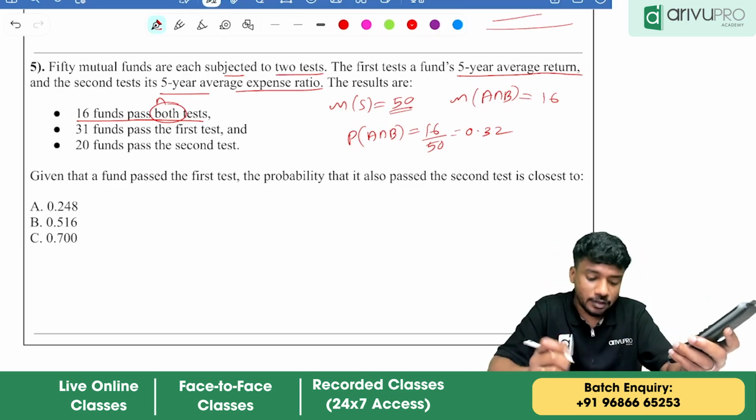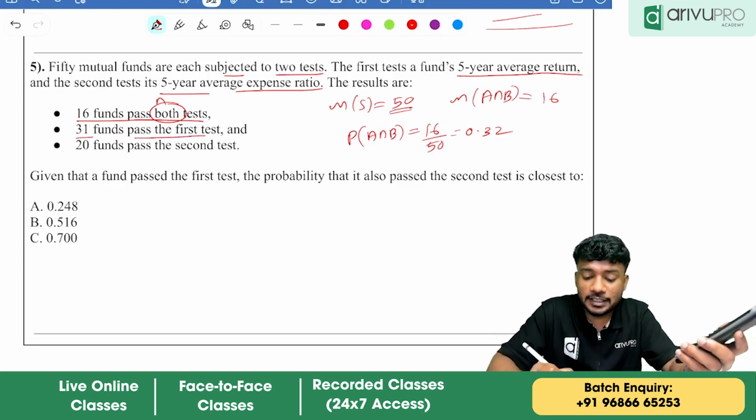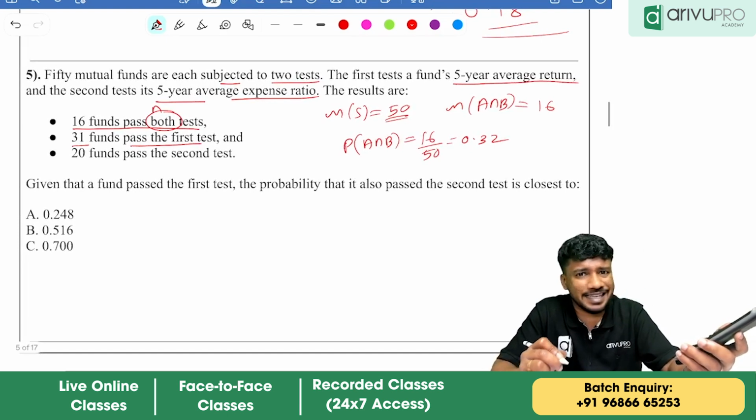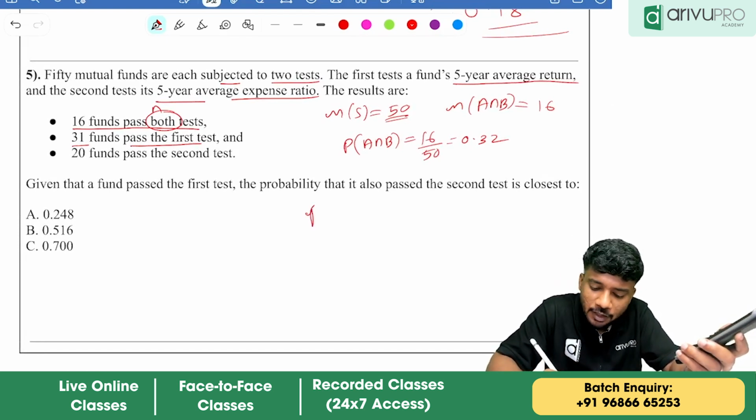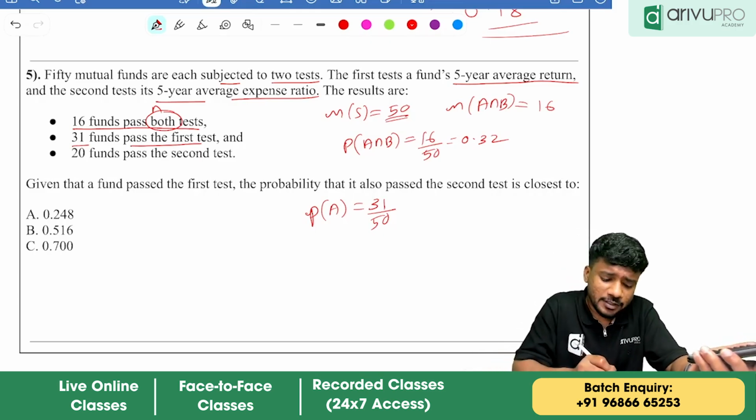Then 31 funds pass the first test. I was calling the first test the event A, so P of A will be how much? The total sample space N of S is 50, and the number of favorable outcomes of A is 31.